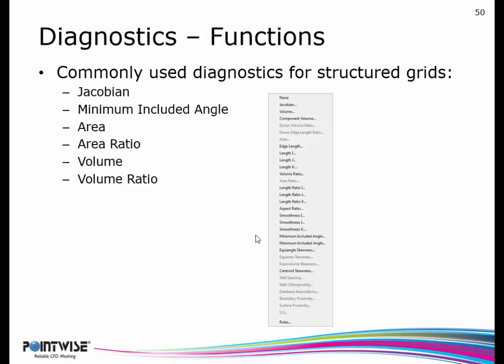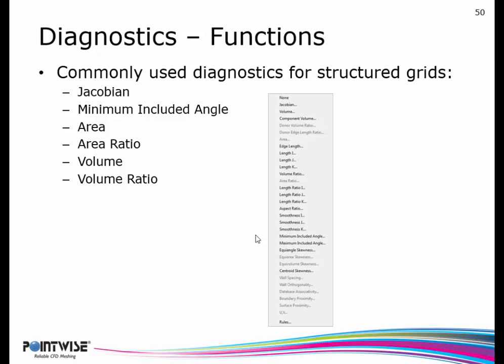Usually if I pull a block in and look at the Jacobians and they're all positive for that block, then I consider myself pretty much to be done with that block at that point, barring more changes to the grid. So I create the volume, I create the block, I check the Jacobians, they all look good. If there's nothing going on with it immediately, then I'll go on with the rest of the grid, and of course I'll come back and check it again later before the grid is actually exported.